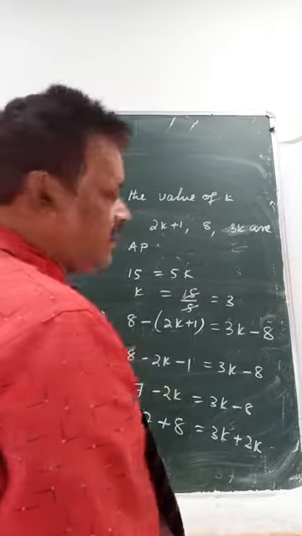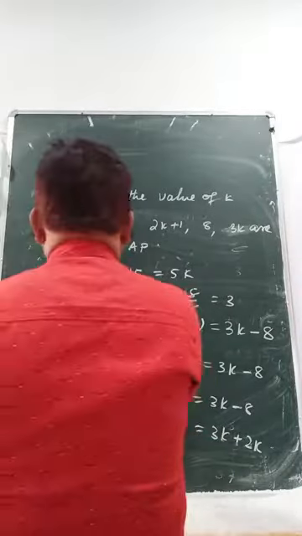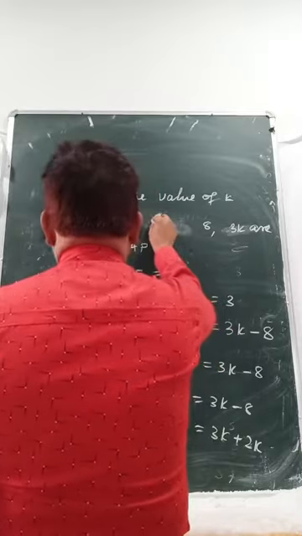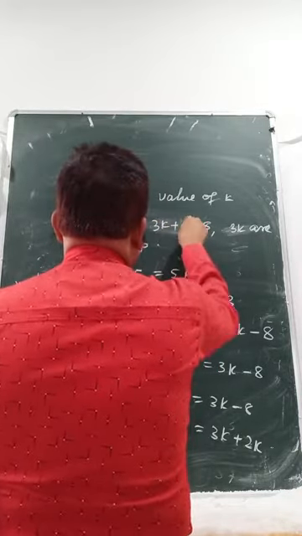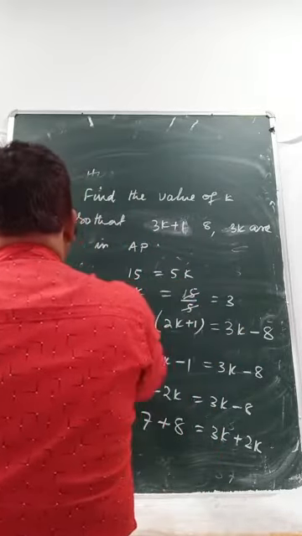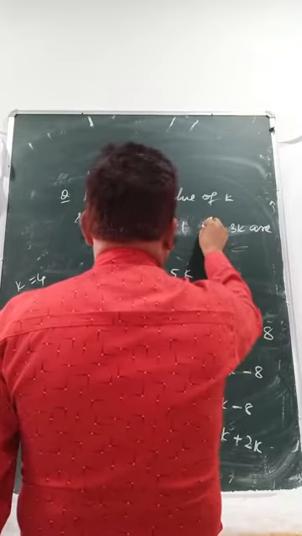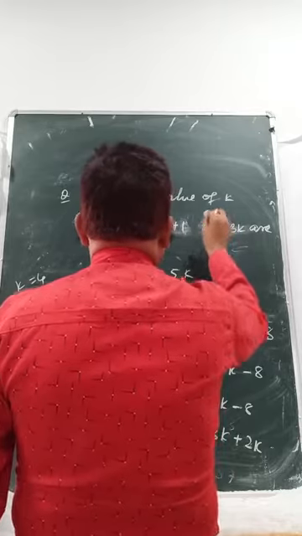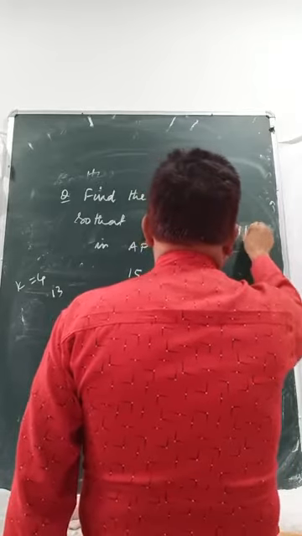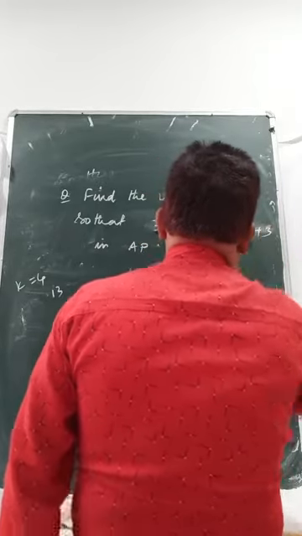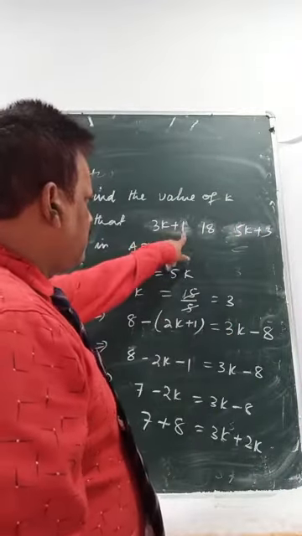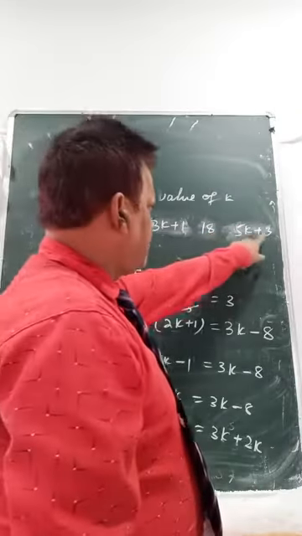Okay now? So you can try one question on this. 3K plus 1, 18, 5K plus 3 are in AP.